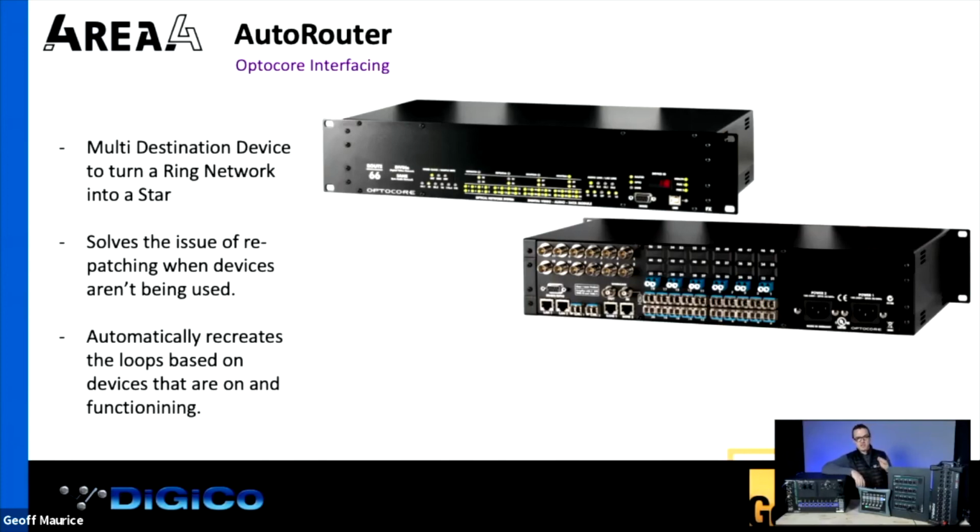So these boxes are scalable. So they're sold in basically how many destinations, 5, 10, 20 destinations you require. And as devices are brought online or taken offline, the auto router will automatically recreate the loop so that regardless of what you have online, you still have a fully redundant loop between all of your devices.